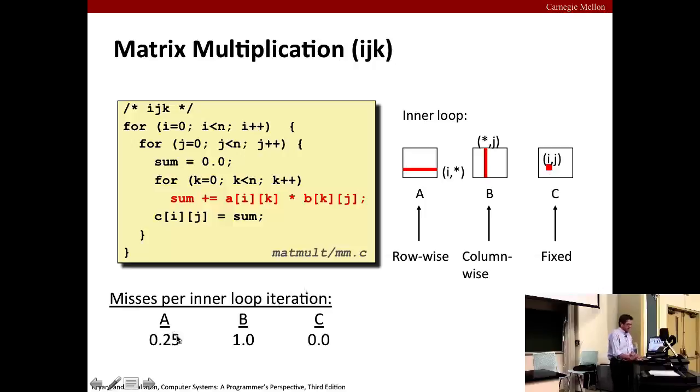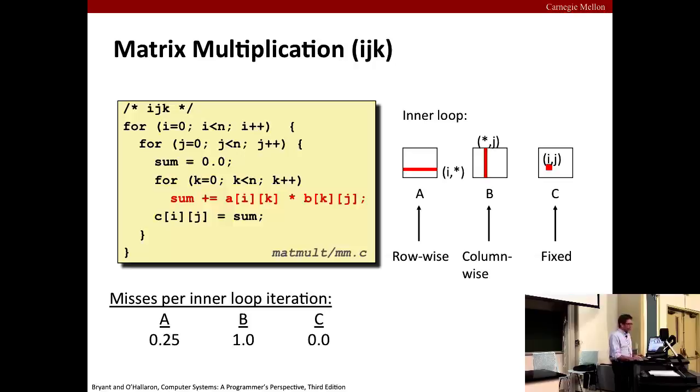So given our assumption that we can hold four of these integer elements in one block, the row-wise access, which has good spatial locality, will miss 1 every 4 accesses. Okay, the very first reference will miss, and then the next 3 will hit. And then the next reference after that will hit a new block.